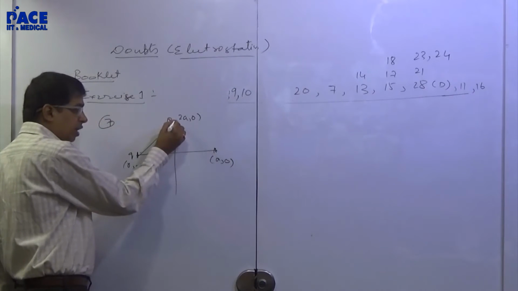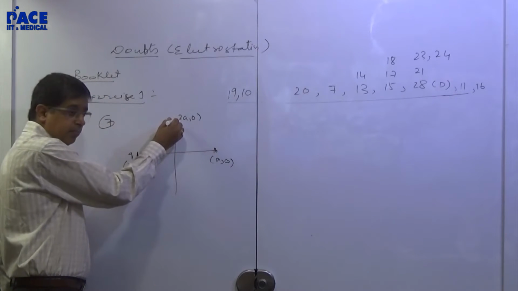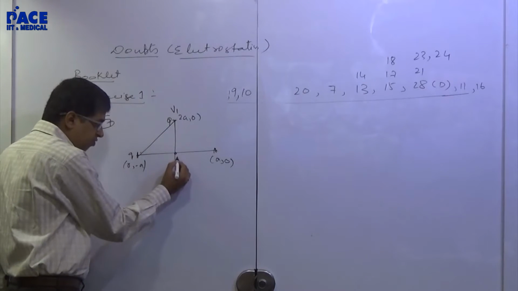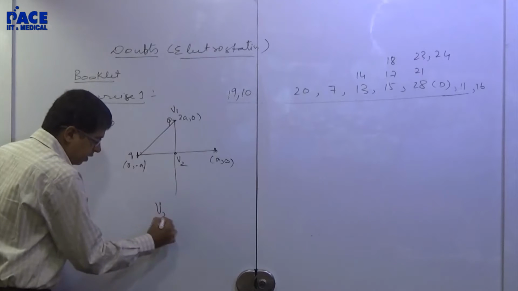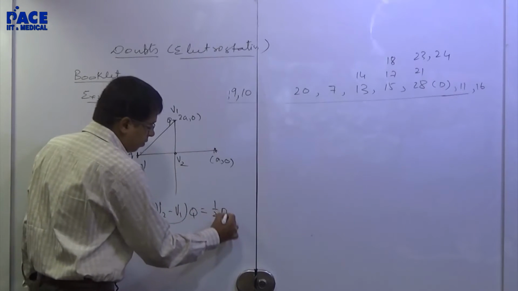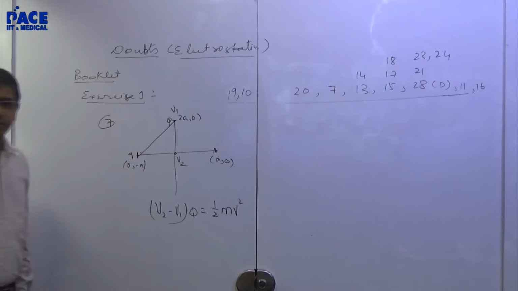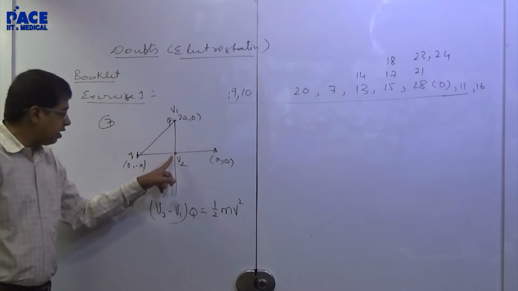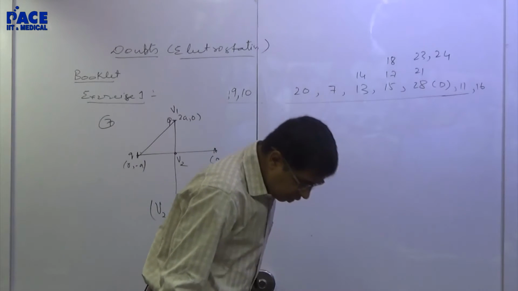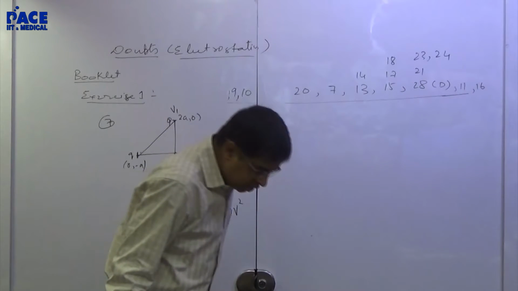Because of small q, can I find out the potential here? That will be V1. Now because of both the charges, find out the potential here. V2 minus V1 into capital Q will be equal to half mv square. You release it from here. He is asking what its velocity will be when it is passing through the origin, and at infinity.